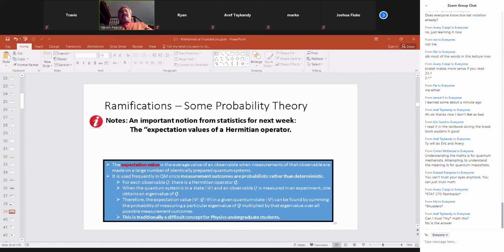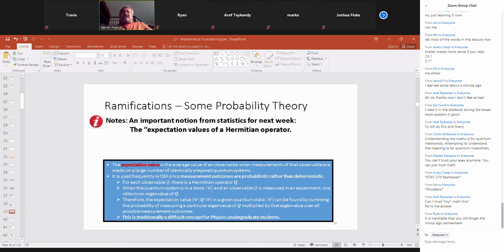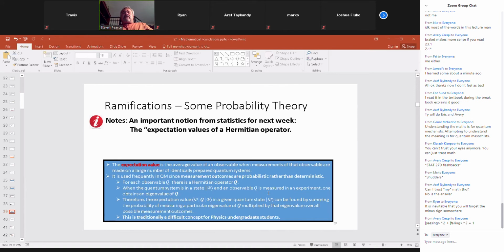When the quantum system is in that state, there's that weird bracket notation, and an observable Q is measured in an experiment, one obtains an eigenvalue of the operator Q. Therefore, the expectation value, which is found by this strange conglomeration of brackets in a given quantum state, that's a quantum state right there, can be found by summing the probability of measuring an eigenvalue of this operator bold Q multiplied by that eigenvalue over all possible measurement outcomes. That is the expectation value. It's a weighted average. That's all it is.